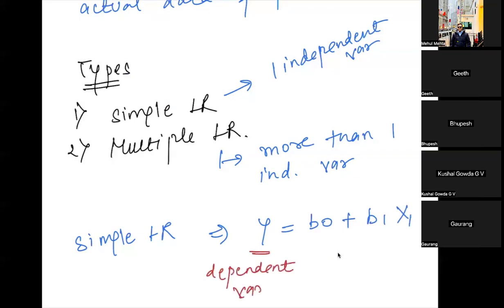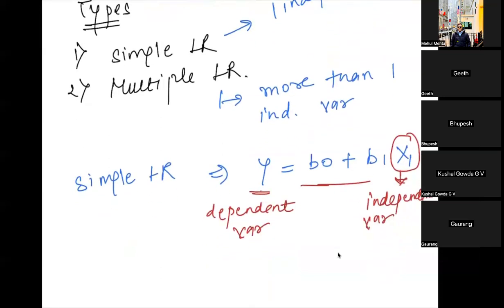Why is it called dependent? Because it depends on the value of x1. If you see this equation, the value of y depends on the value of x1. So y is the dependent variable and x1 is the independent variable. This is the mathematical form of simple regression.